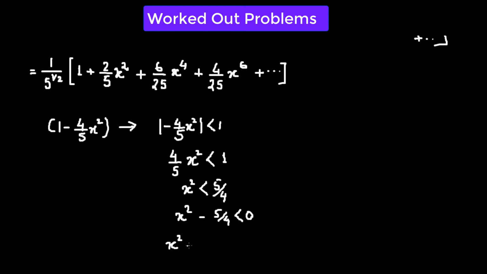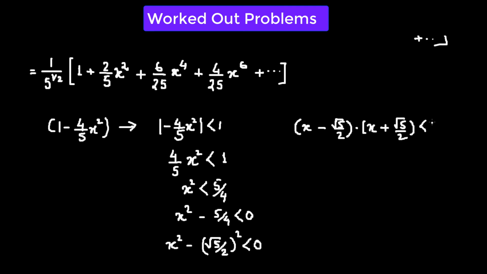x squared minus, now 5 over 4 can be rewritten as square root of 5 divided by 2 whole squared, less than 0. And then we can apply the identity, a squared minus b squared equals a minus b times a plus b. So we'll have x minus square root of 5 over 2 times x plus square root of 5 over 2 is less than 0.